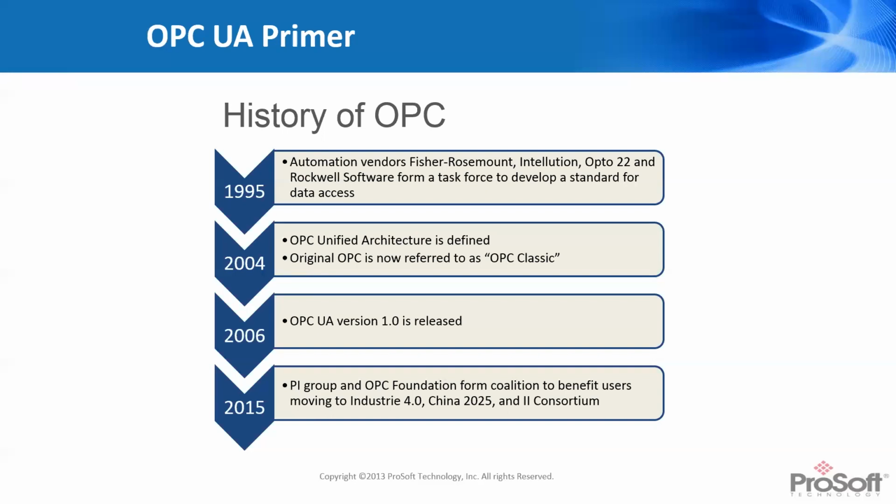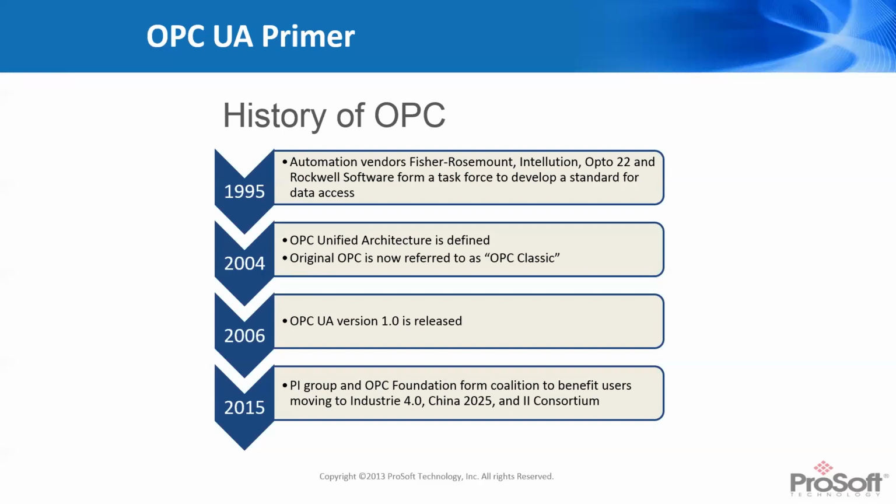Along the way between 1995 and 2004, they realized that they needed something more, and we'll talk about some of the shortcomings in just a minute. So they formed OPC UA, OPC Unified Architecture. And now we refer to the original OPC as OPC Classic.